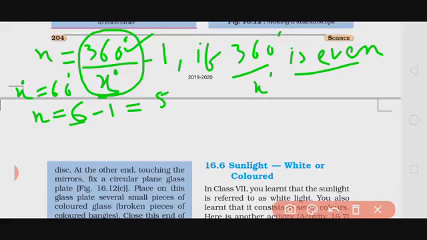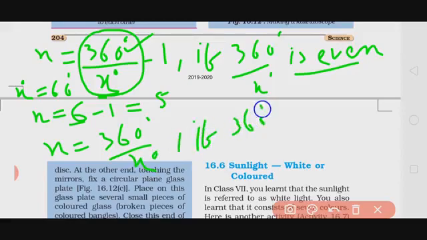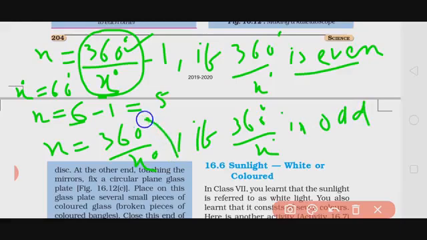And if 360 degrees divided by x degrees is odd, then you need not subtract 1.